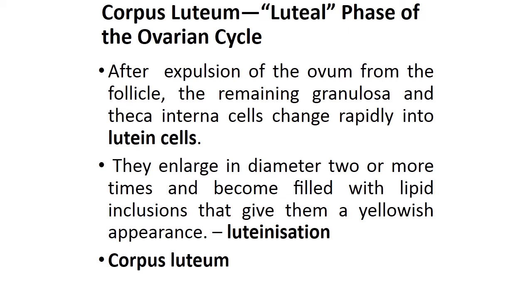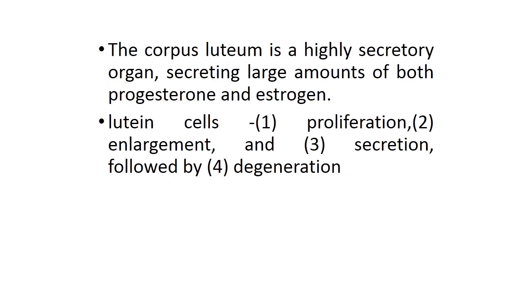These lutein cells are yellowish in color because of the lipid inclusions, and the process is known as luteinization. Now the Graafian follicle, after the rupture of the ovum, is known as the corpus luteum.